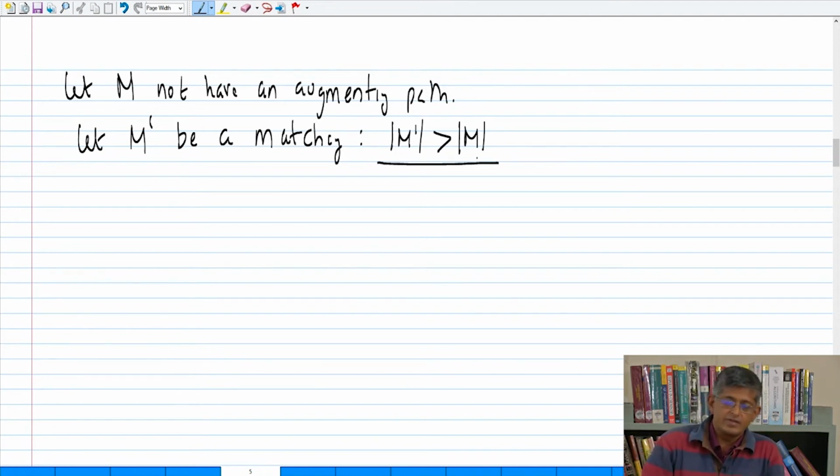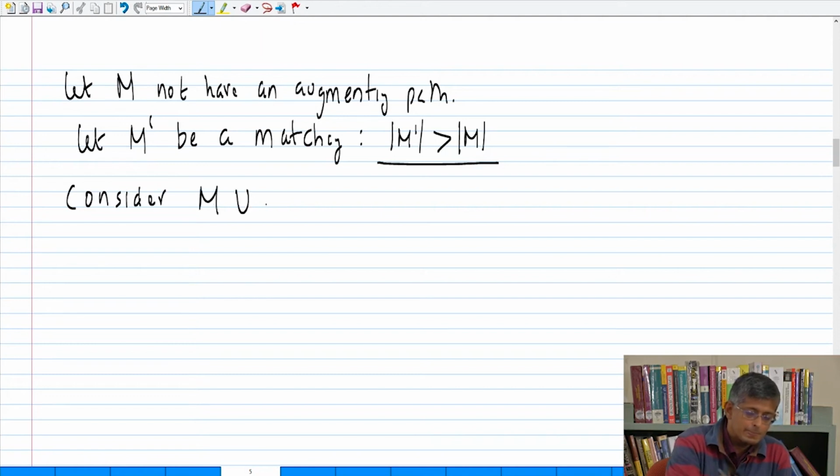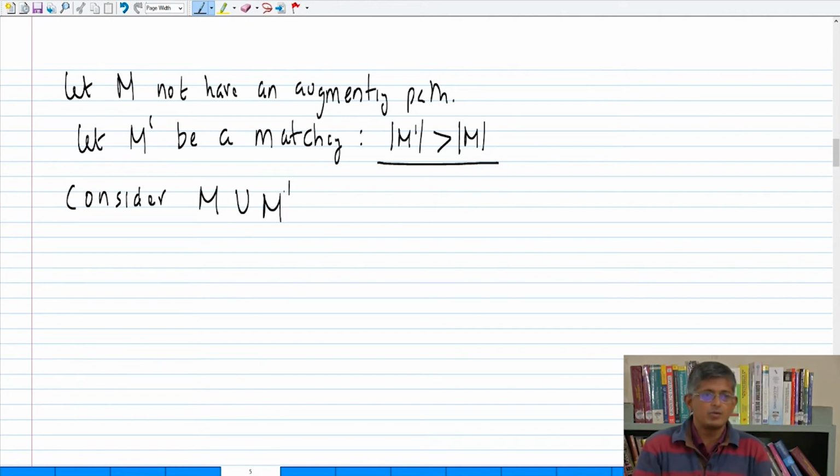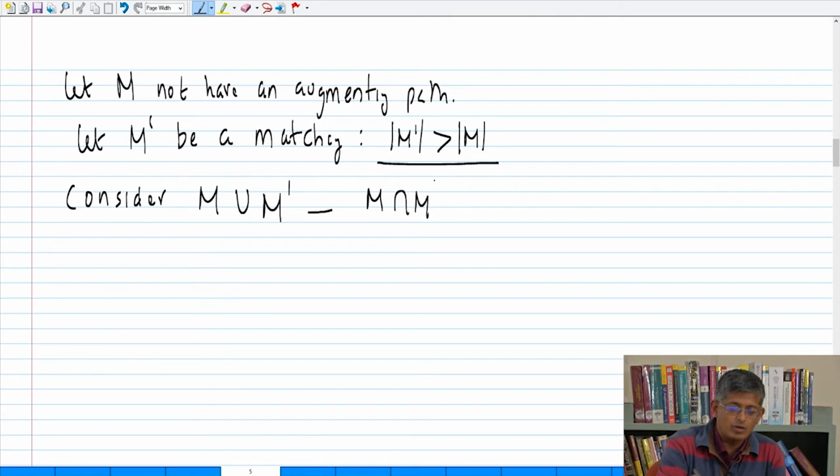So the same trick that we did earlier, consider M union M prime, break it into the edges which are common to M and M prime and the edges which are in the symmetric difference.